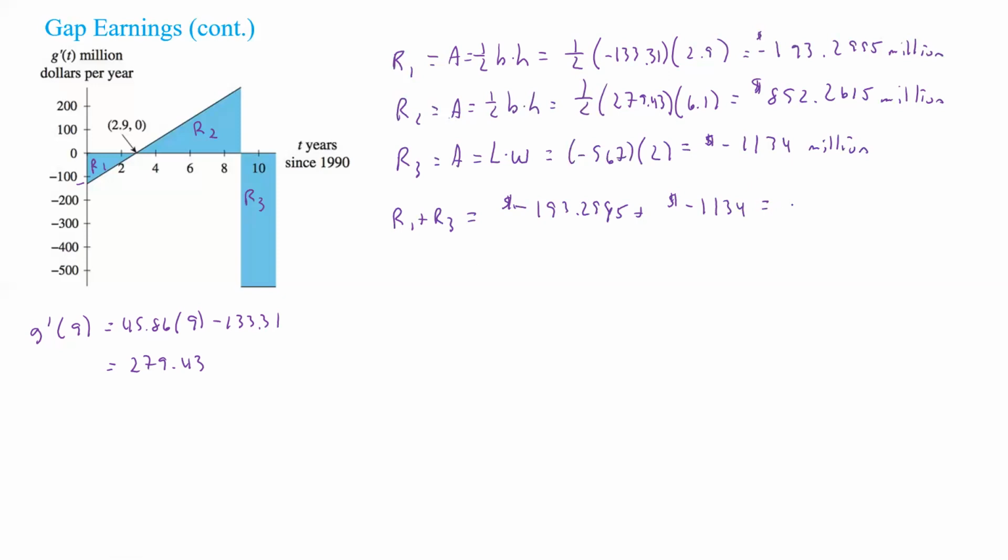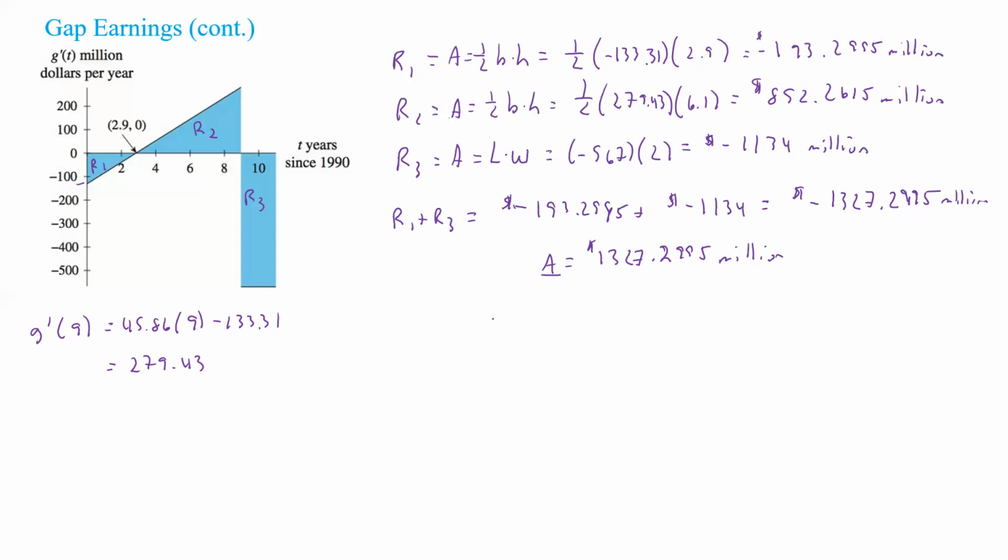If we add those together, we get a negative 1,327.2995, in millions of dollars again. But the actual area is going to be a positive 1327.2995. The area is still in millions of dollars, but we have to call it a positive to get the actual area.